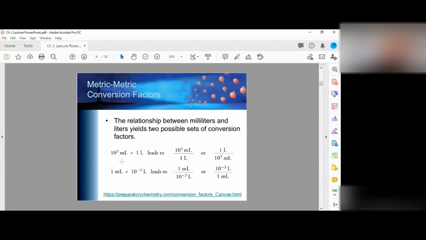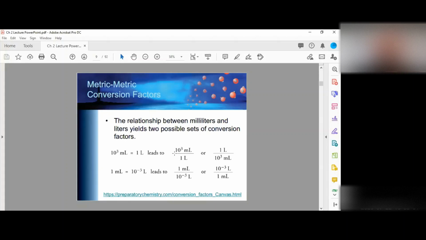If I want to write it in a conversion factor format, I have to write it as 1,000 ml over 1 liter, or 1 liter over 1,000 ml, or I can write this exact conversion factor as 1 ml equals 10 to the negative 3rd liter. I just brought this down, 10 to the negative 3rd. It's totally up to you how you want to write it.